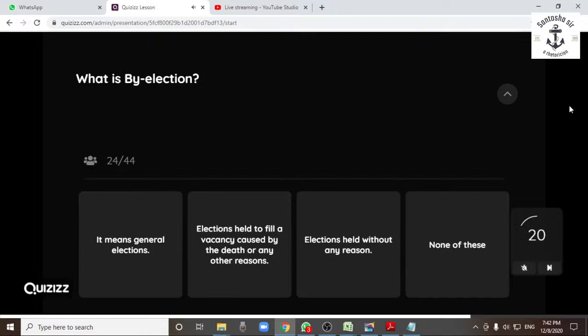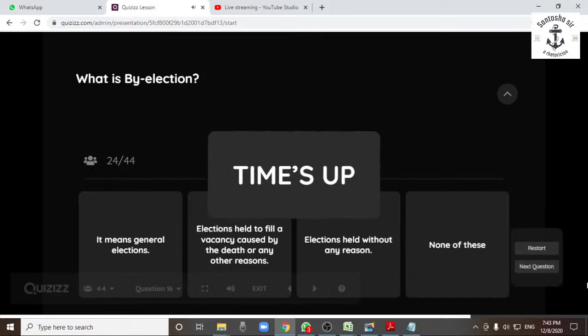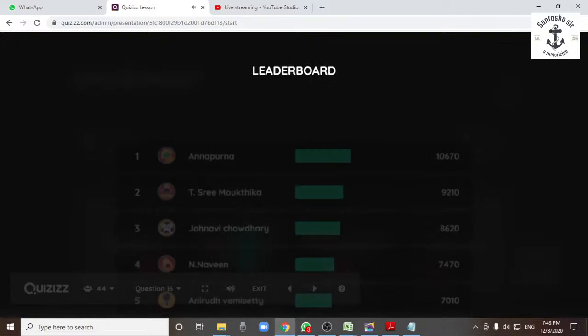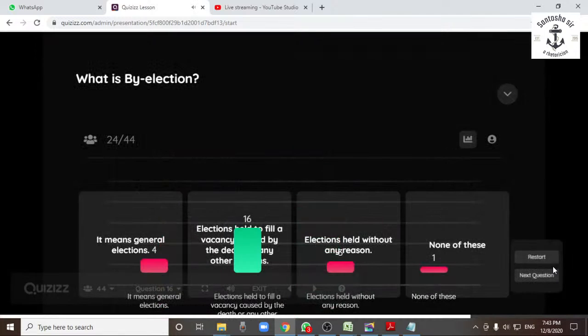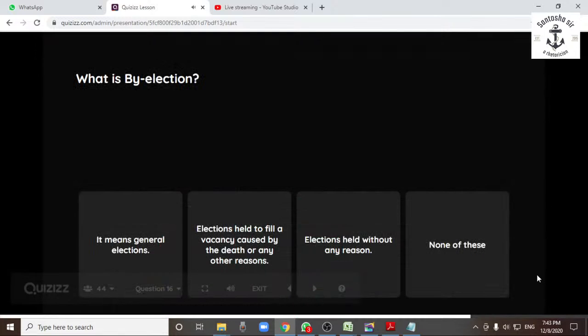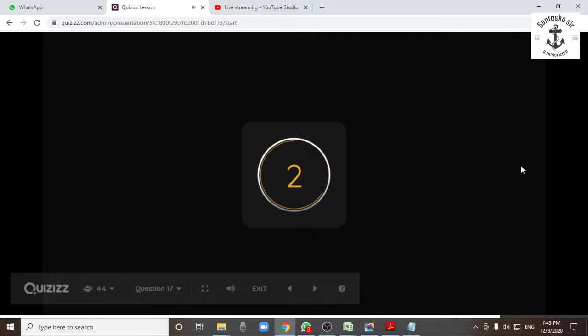Seconds more. 24 members answered out of 44. What is by-election? Last 10 seconds. Okay, time is up. Let's check the scores. We have no change, still the same. 16 members answered it right. Moving on to the next question. Question number 17.